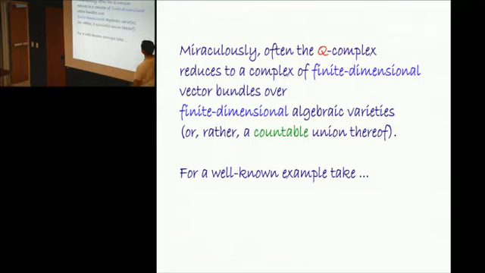Or maybe more importantly, usually a countable union of such. And that countable union is what makes things interesting. You're not just saying the cohomology reduces, you're saying the complex is quasi-isomorphic to something just finite dimensional.